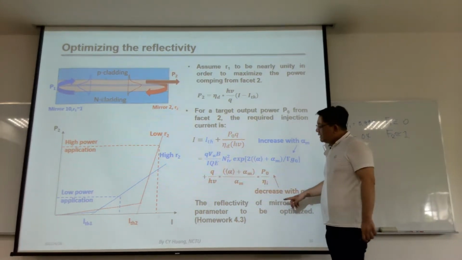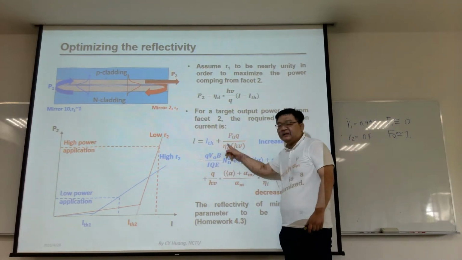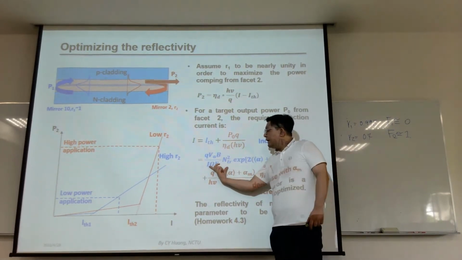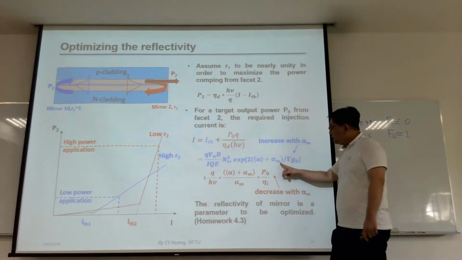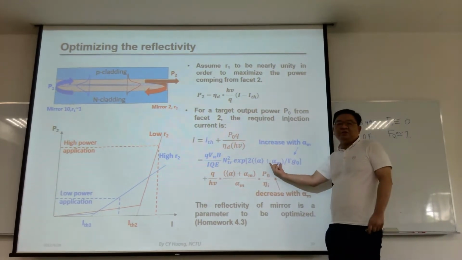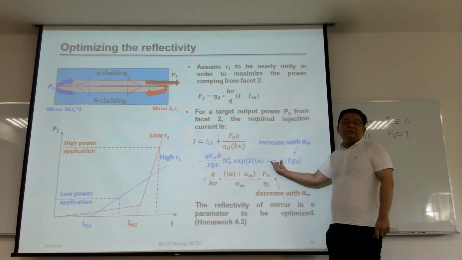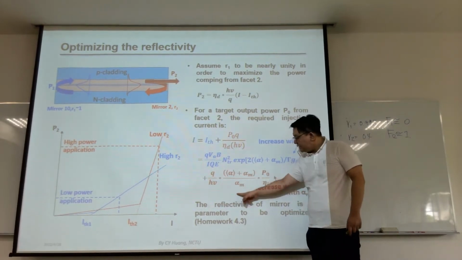This one is a constant from the beginning. If I give you a reference, you can know what the threshold current density is after changing the mirror loss. But with different mirror loss, that will also give you a different slope.